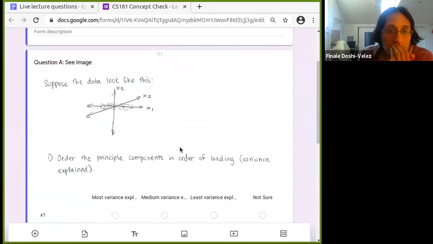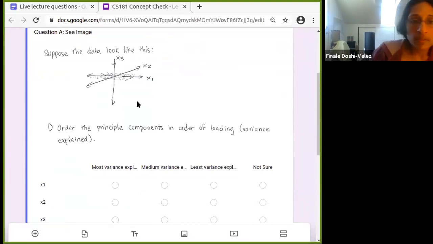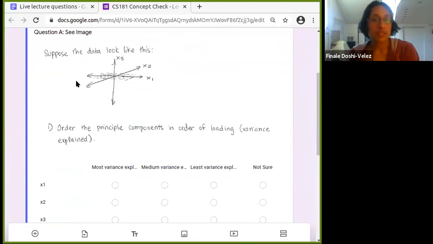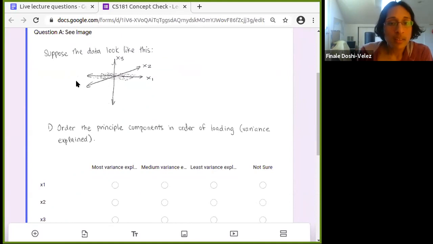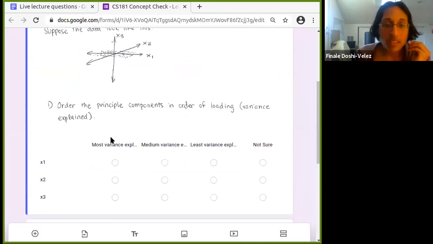So the first part of the question is that, suppose we have data that looks kind of like the picture that I drew right toward the end. Order the principal components in the order of the loading. So which ones are going to have the biggest variance explained and which ones are going to have the smallest ones? Just talked about that, so hopefully this is not too tricky.